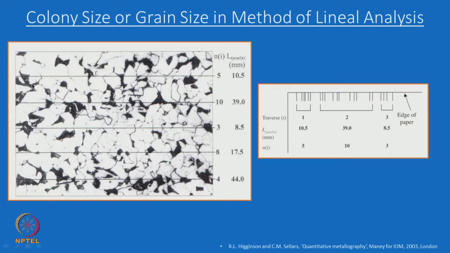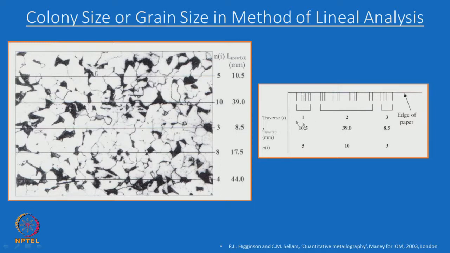The moment I make these two vertical lines on these two intersections, first one here and second one here, then I will move the tracing sheet to this. Now, the second line what I have drawn here becomes the first line for this intersection, then I will draw another vertical line because this is another intersection. Like that I will keep on moving this transparent sheet and get a full set of a traverse.